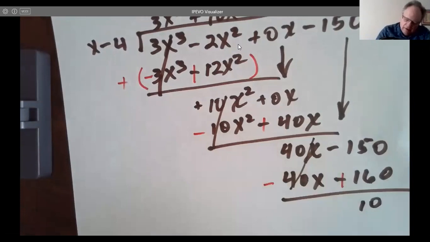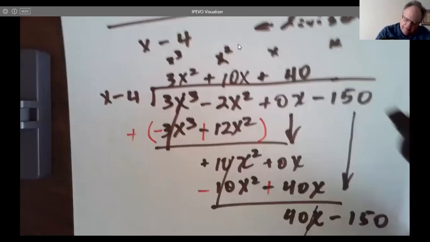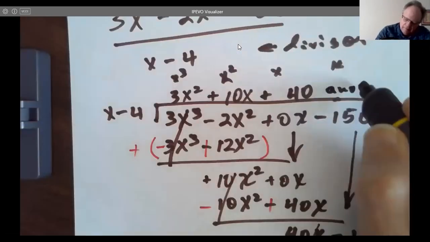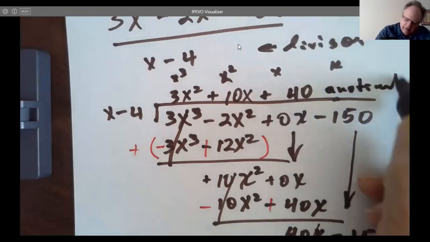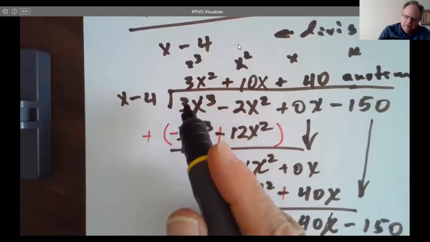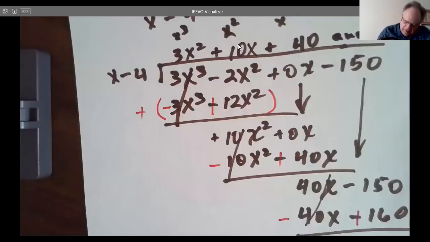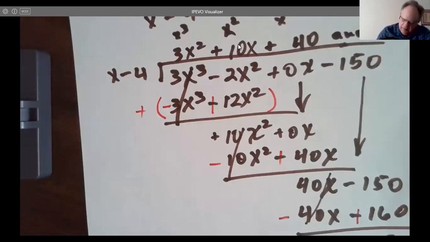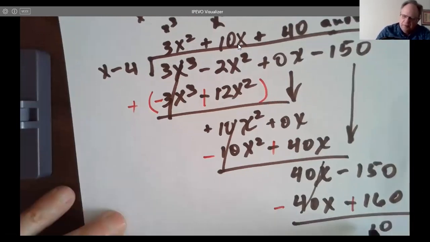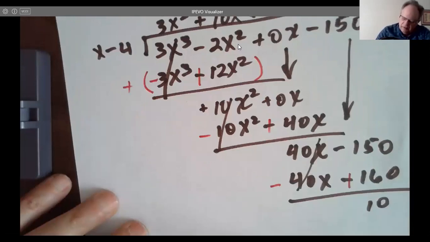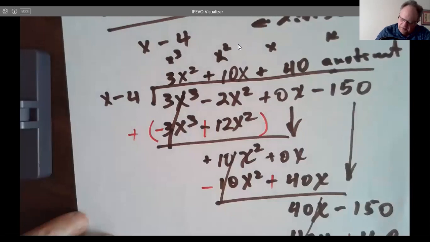So our quotient is our answer, right? Our quotient is 3x squared plus 10x plus 40, and then you put plus the remainder, which is 10 over your divisor, x minus 4.